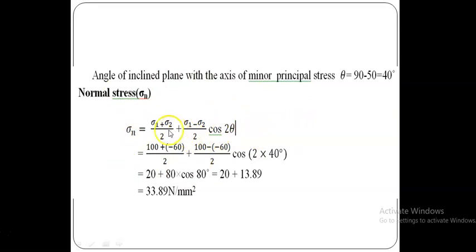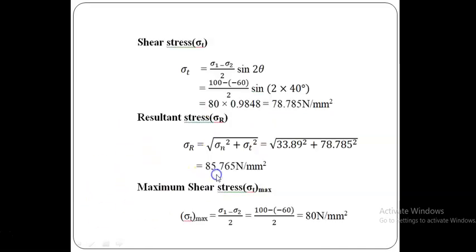Since these normal stresses are found from the principal planes, the tau parameter cannot exist, and therefore finally we have the normal stress acting on that particular plane. Shear stress can easily be found again using that formula in which the tau parameter does not exist, since the data are given corresponding to the principal plane, and therefore the formula is sigma 1 minus sigma 2 by 2 into sin 2 theta.